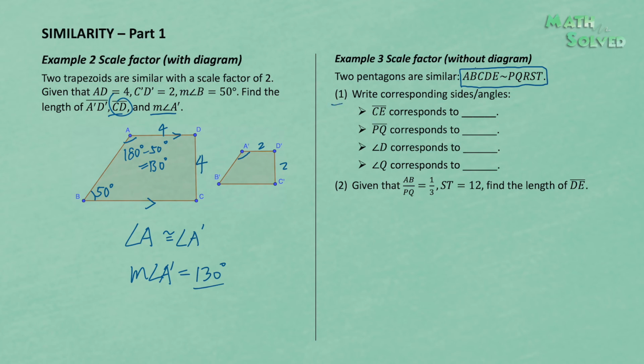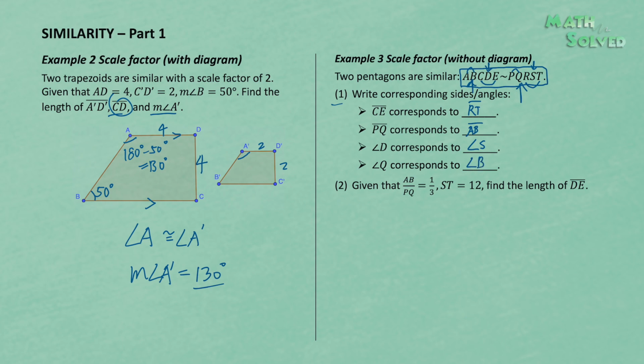CE is here, and that corresponds to RT, because C is at the third place in A, B, C, D, E. PQ corresponds to AB. Angle D corresponds to angle S. And angle Q corresponds to angle B.